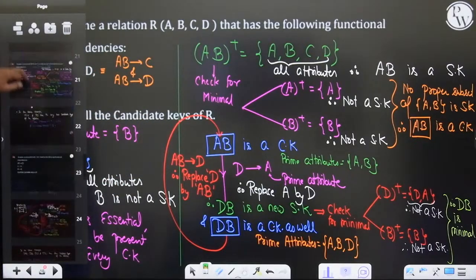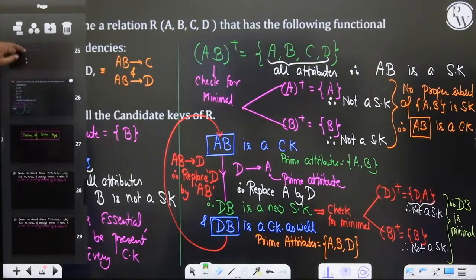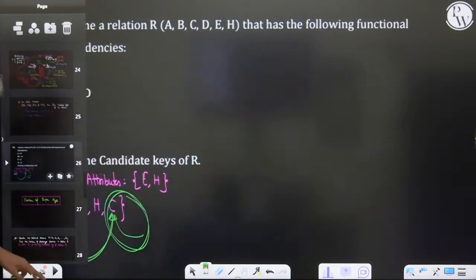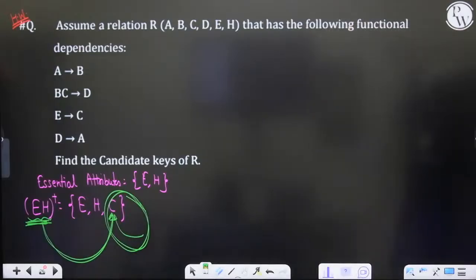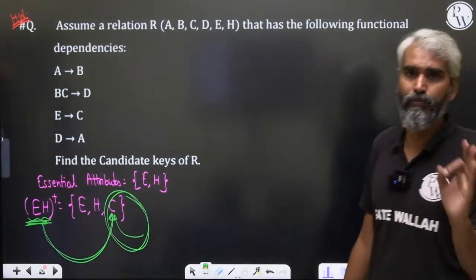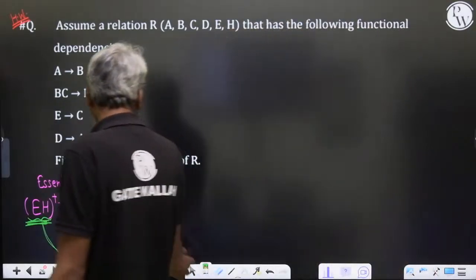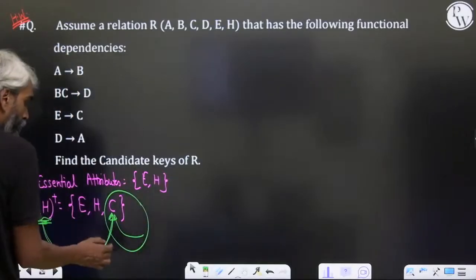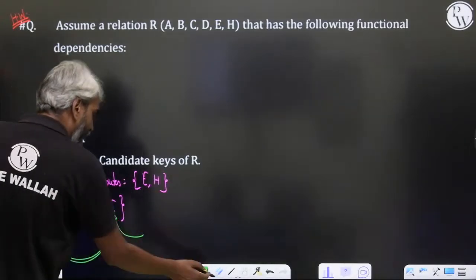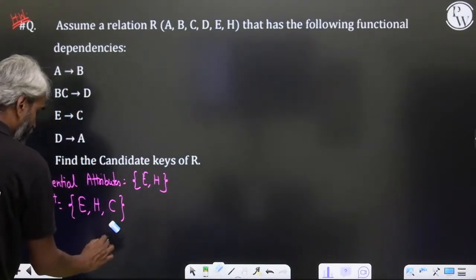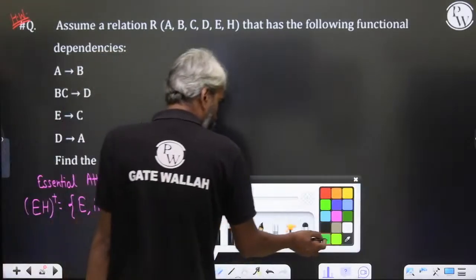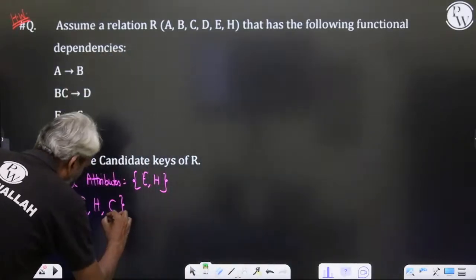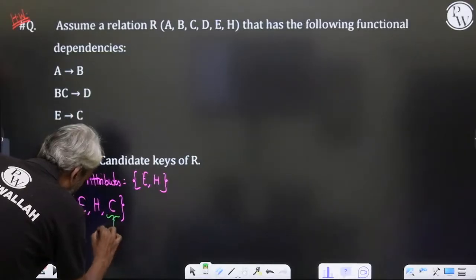But the only thing that I wanted to explain here is that because EH closure can determine C, all the attributes that can be determined by the essential attributes will never be present in any candidate key.